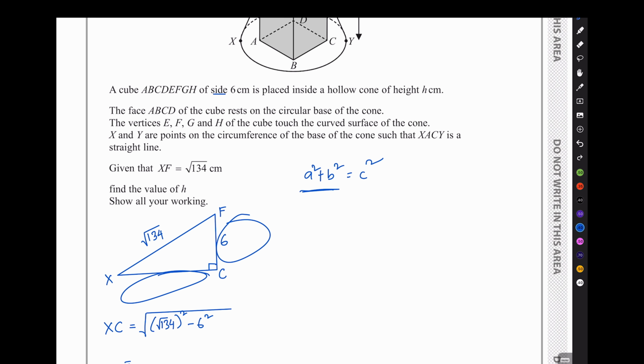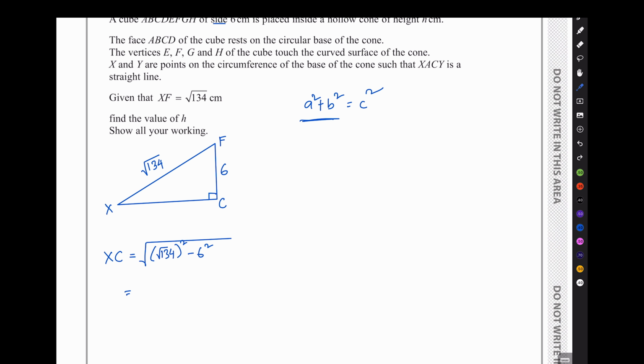If we already know the hypotenuse and we need to find one other side, we subtract. That's how I remember it. And if we already know the lengths of the other two sides, then we add them. So this is basically the shortcut that I use. So the value comes out to be 7 square root of 2.